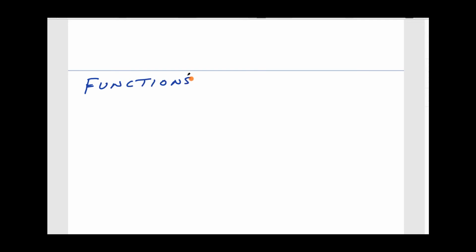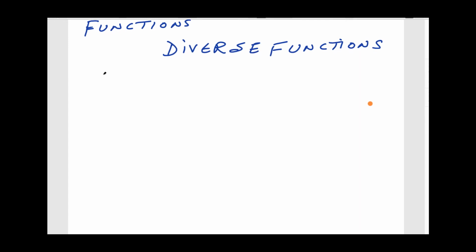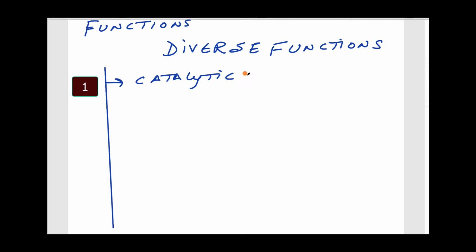Proteins have the most diverse functions. These diverse functions are delivered by the proteins. Let us take them up one by one. The first one is catalytic proteins, which can also be called enzymes.